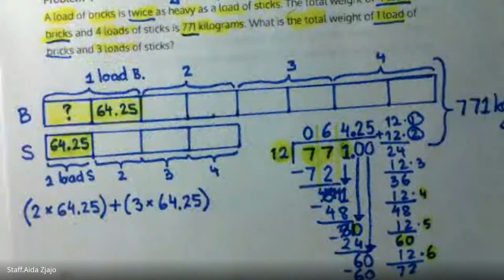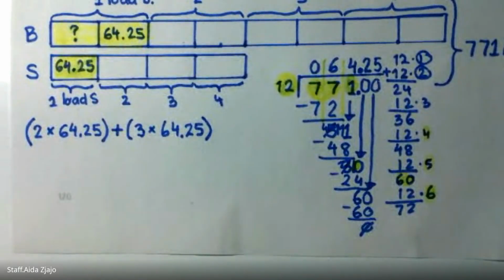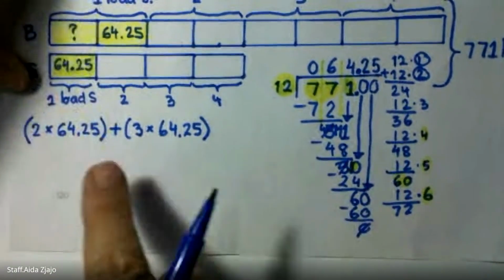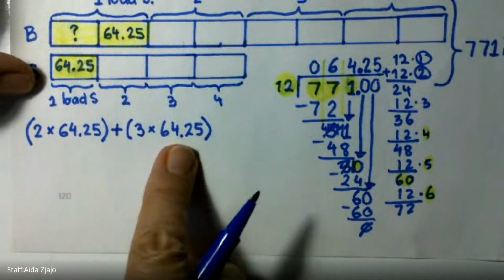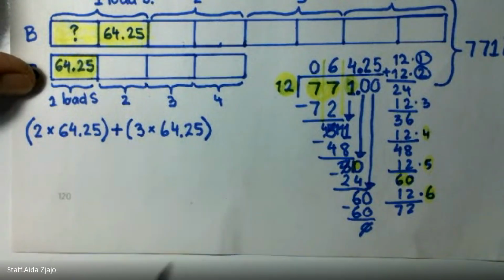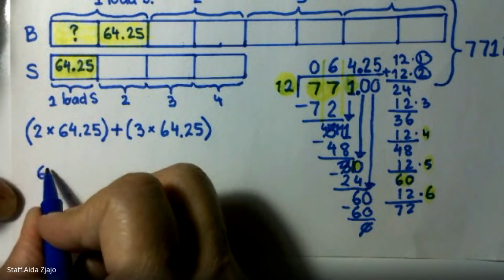And now we can use our knowledge of multiplication. We can add the same number 2 times, or the same number 3 times. It's the same thing.